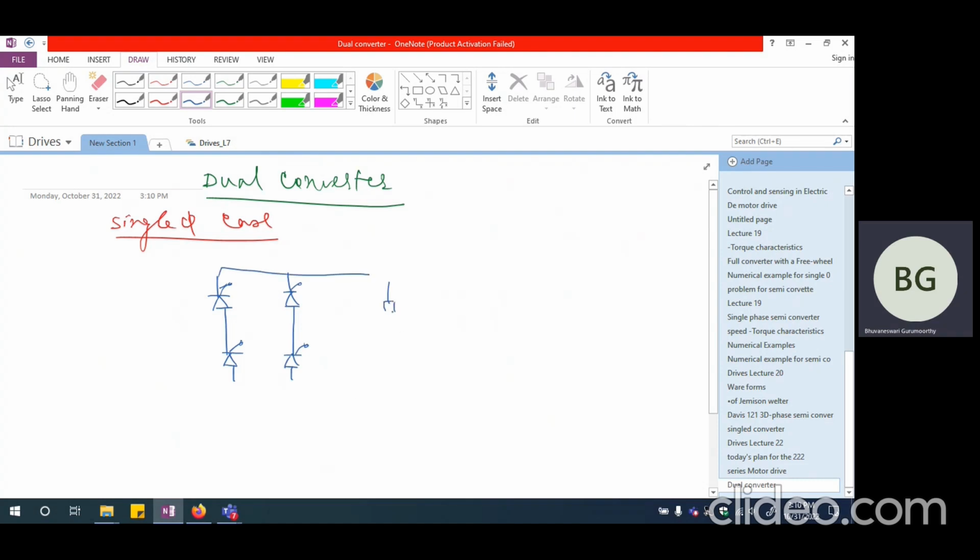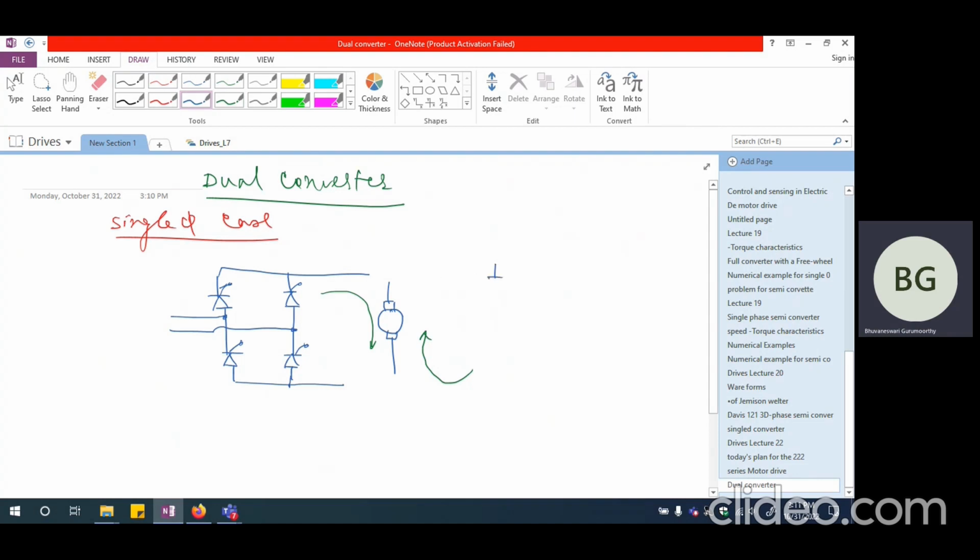So this is feeding a DC motor drive. This is the single phase supply. Now, if I want all 4 quadrants of operation, if this is circulating a current in this way, I want another converter to circulate a current in the opposite sense, if I really want this motor to work in both forward motoring as well as reverse motoring operation.